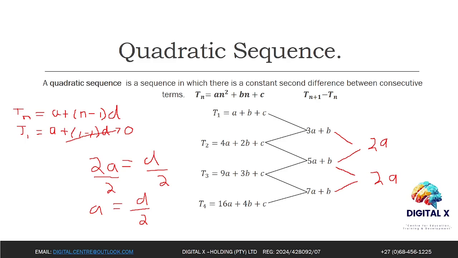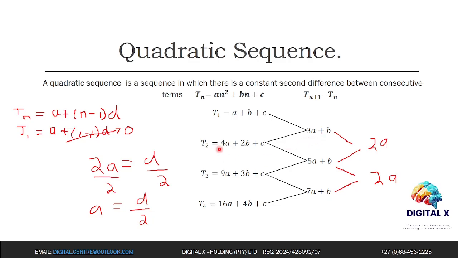Now just to do a quick recap. For us to find the value of a for a quadratic sequence, I have shown you by using this particular diagram that we subtracted each successive term from the previous one, and what we get is that.